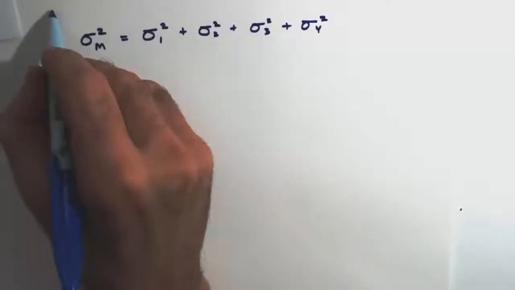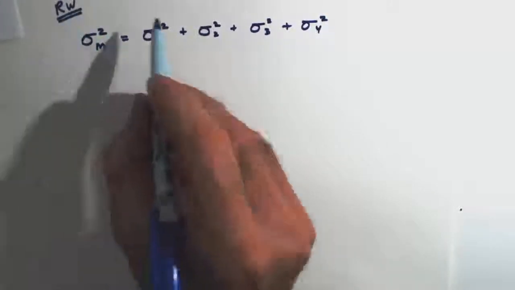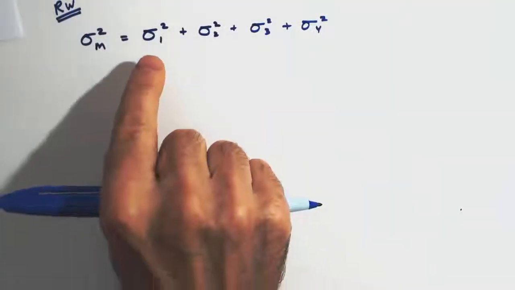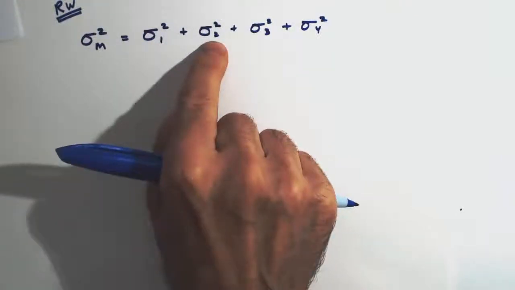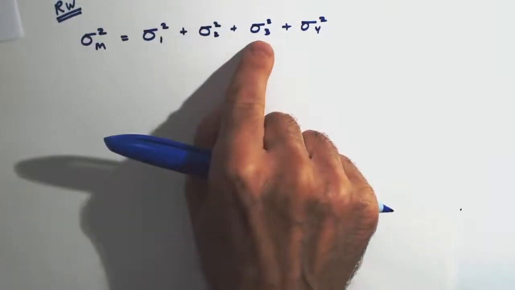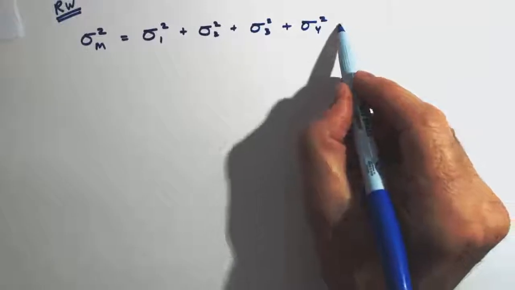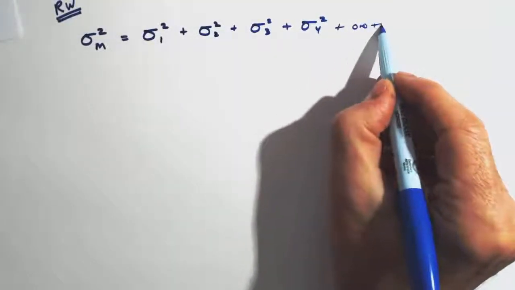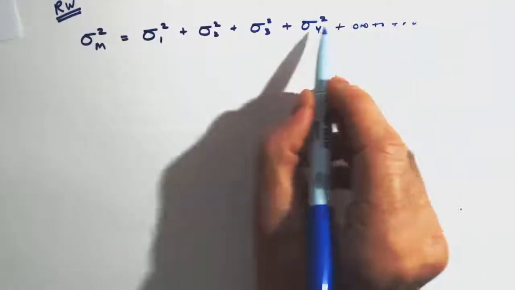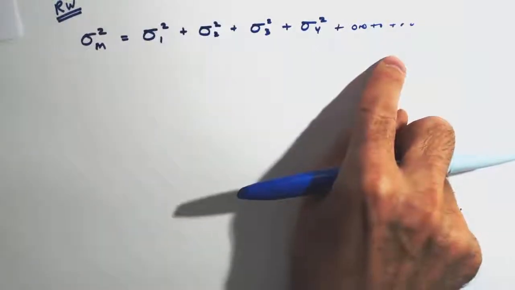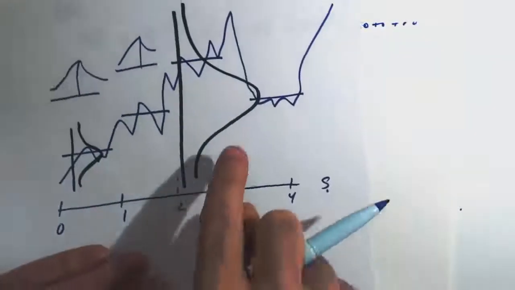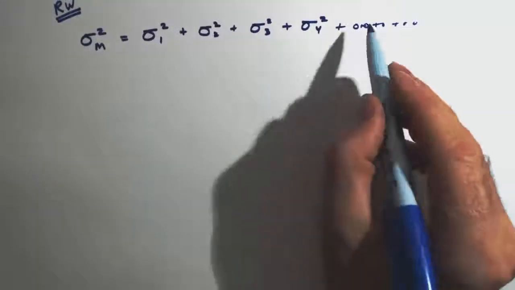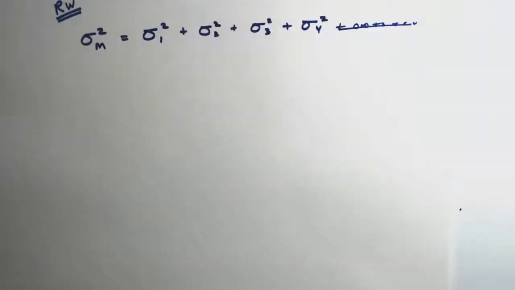And since this is a random walk, the covariance terms, how does week 1 behave relative to week 2? How does week 1 behave relative to week 3? And so on. All those covariance terms are 0, which means there's no correlation from one week to the next. And so all these zeros cancel out.